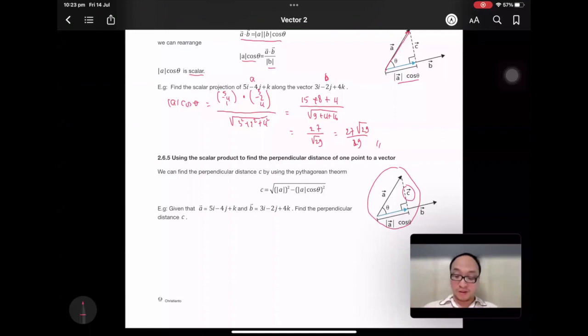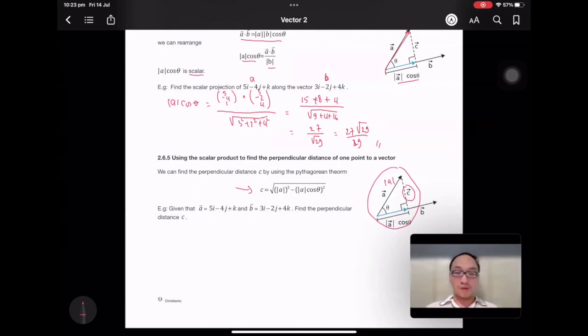We have the hypotenuse, which is the magnitude of A, and then using the Pythagorean theorem, we can find C. So the formula to find C is the square root of the magnitude of A squared minus the length of the projection of A squared.